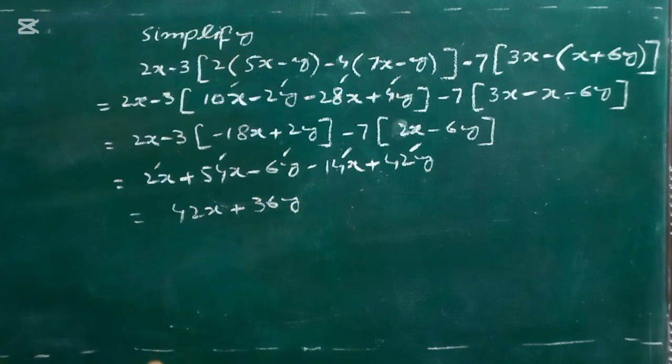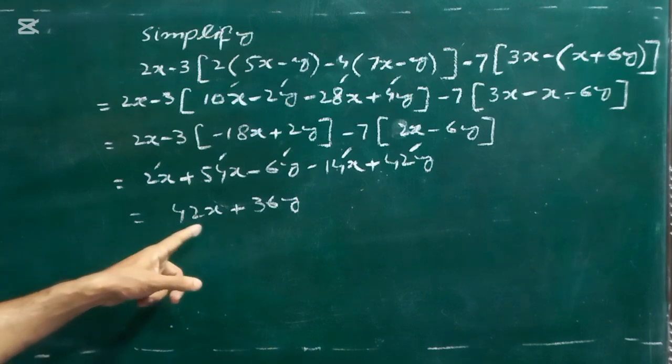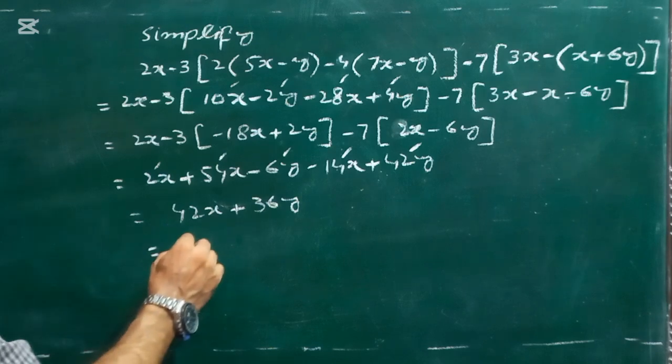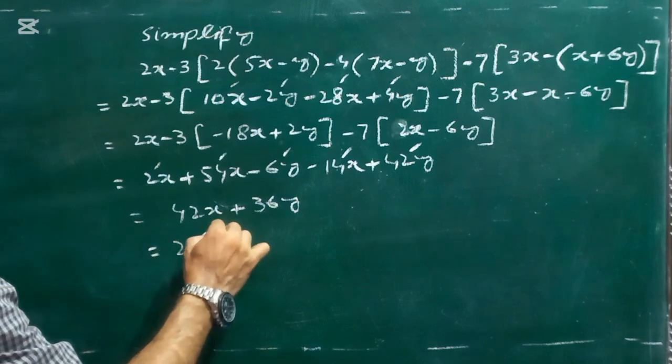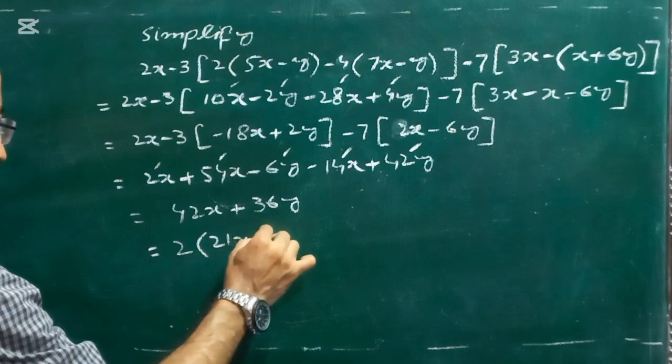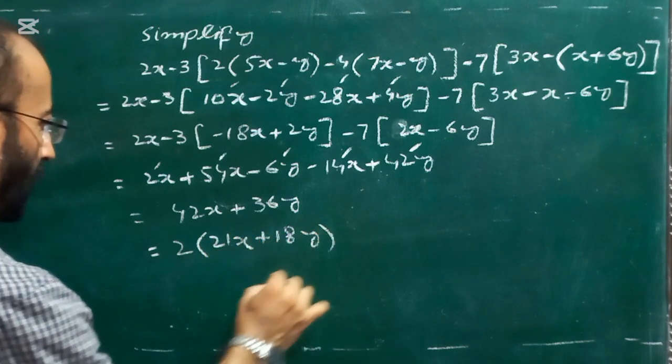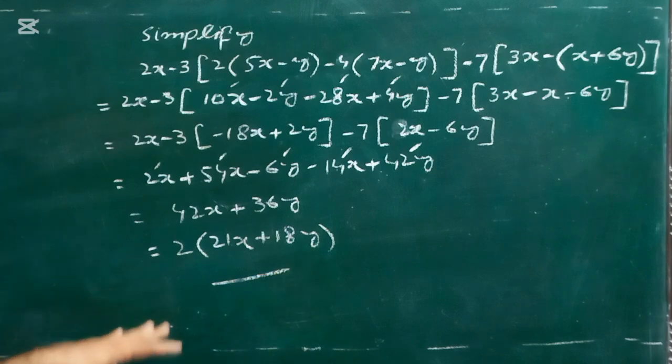At this stage, look closely. If something is common, take that common. So 2 is common. So 21x plus 18y. So this is the most simplified form of the question.